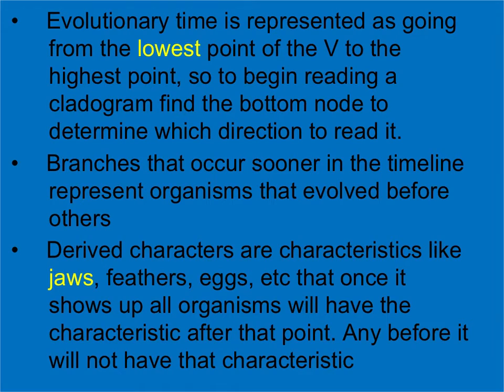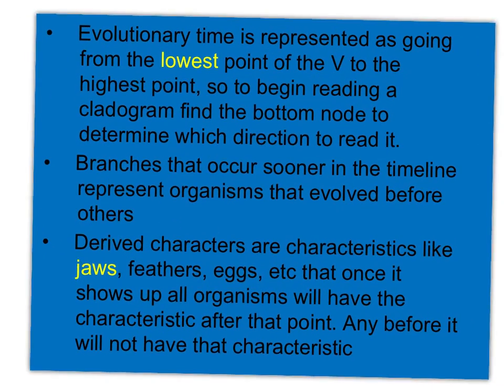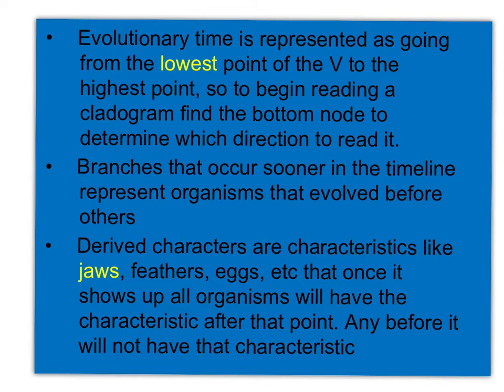And when studying a cladogram, time is represented as going from the lowest point of the V to the highest point. So you would begin reading it from the bottom node to determine which direction you should start in. Branches that occur sooner in the timeline represent organisms that evolved before others.